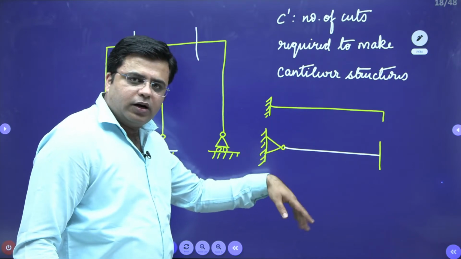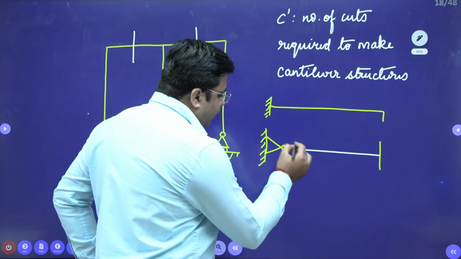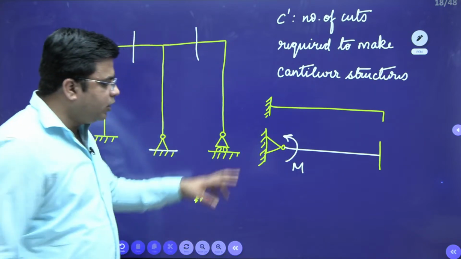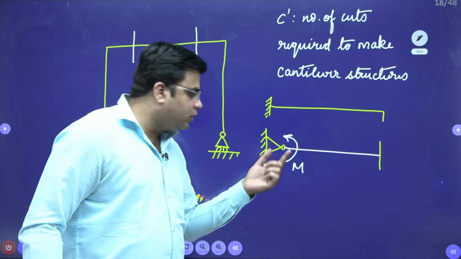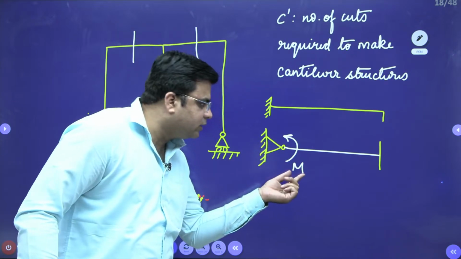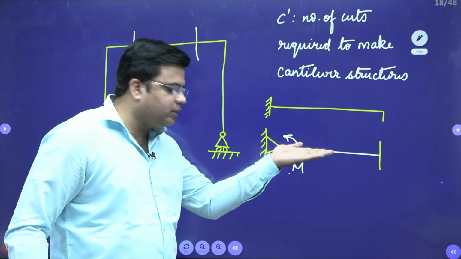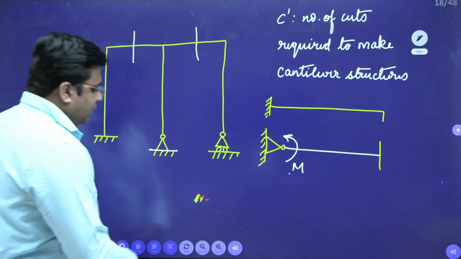In order to restrain this structure, I need to apply one restraining moment to keep it in a stable position. So the number of external reactions required to keep this structure stable is the value of N.